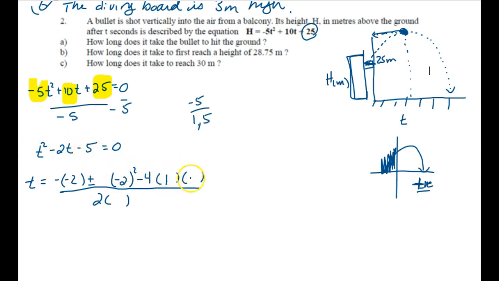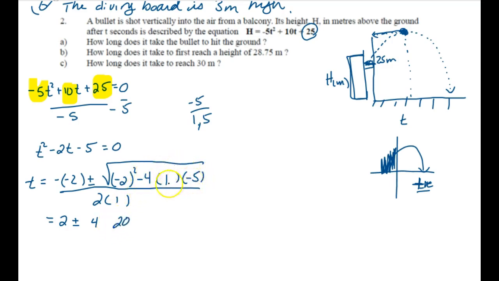Your c value is negative 5. And take the square root. The a value is 1 again. So negative and negative, positive. Negative 2 squared is 4. 4 times 1, 4 times 5 is 20.